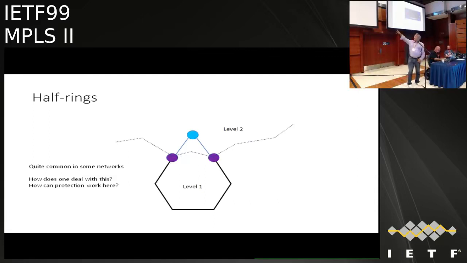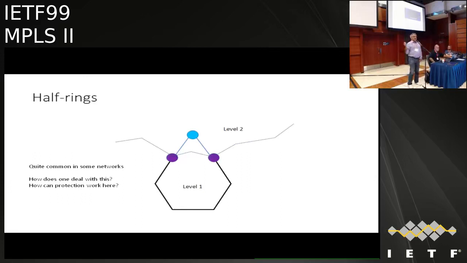Either they're connected via a core node or a node deeper in the network, or they are connected directly, but the ring is in level 1 and that connecting link is in level 2, or the ring is non-backbone and the connecting link is backbone. So we don't want to leak the ring announcements from the non-backbone to the backbone. So it looks like an unconnected ring.